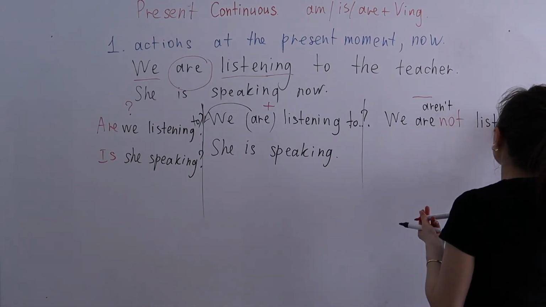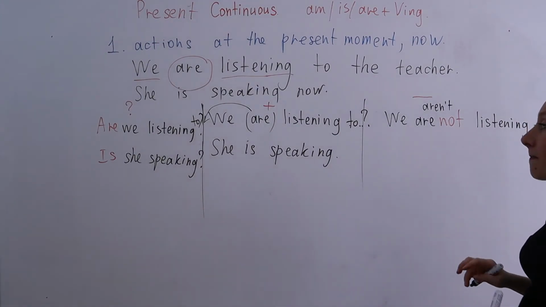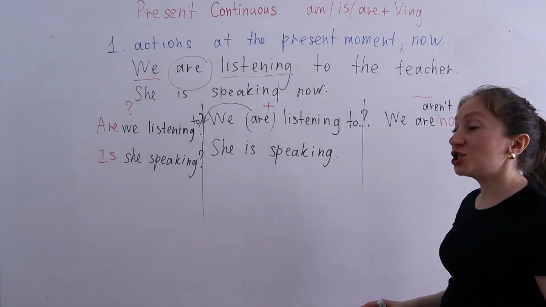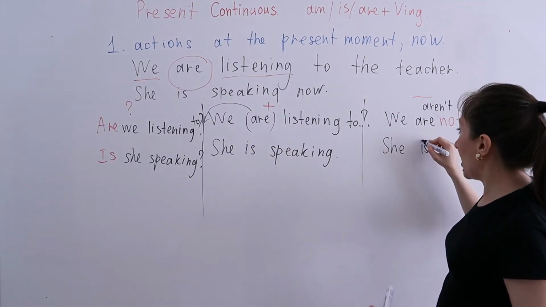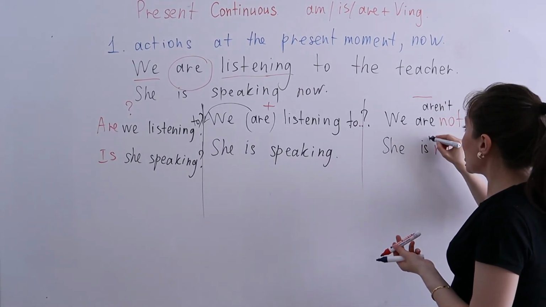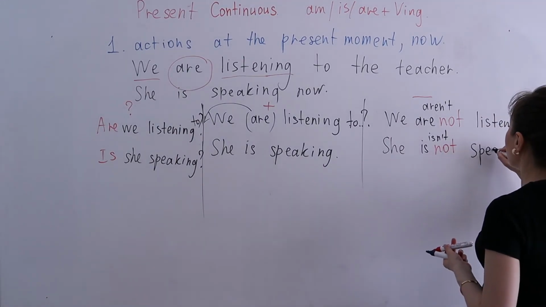We aren't listening to the teacher, right? Next, she is speaking. Let's do it together. She is not speaking, right? She is not, or in short, she isn't. She isn't speaking.